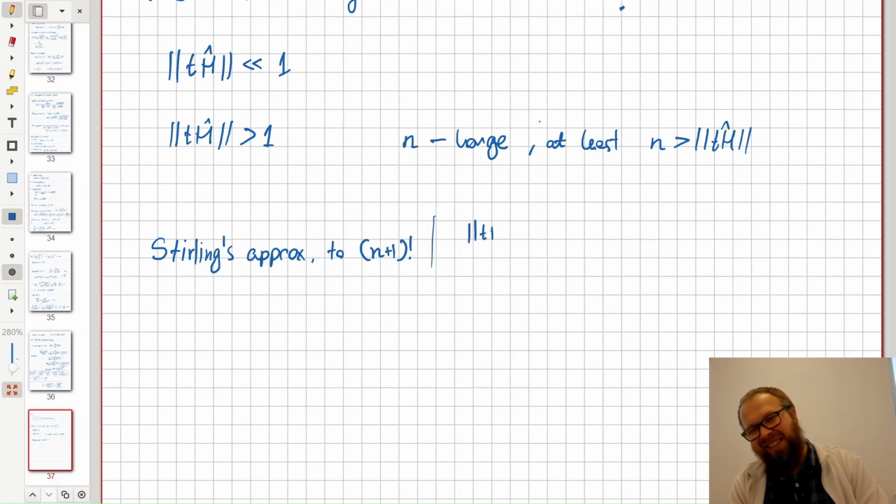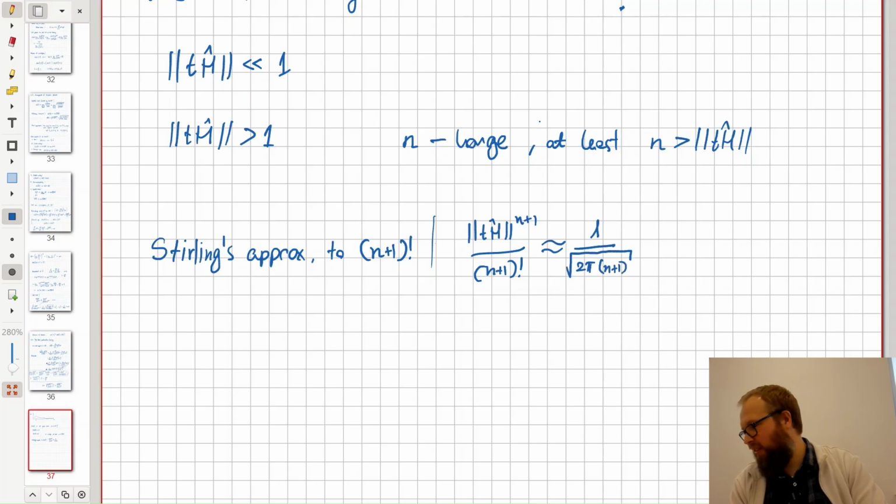with something weird. So if we do Stirling approximation to the factorial in the denominator, you get 1 over the square root of 2 pi (n plus 1) times a factor, and this is super weird.